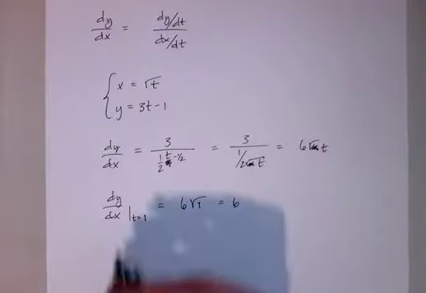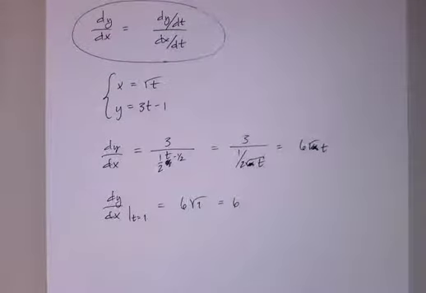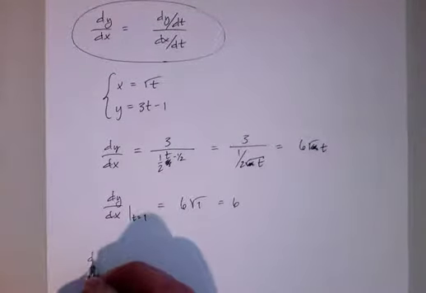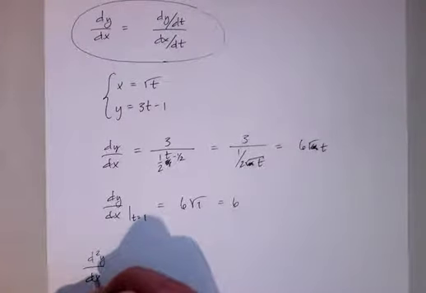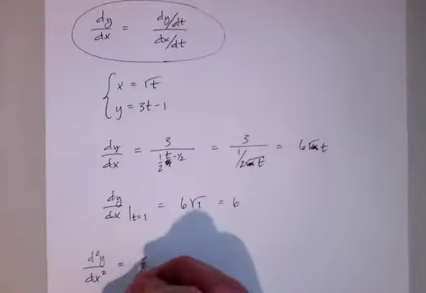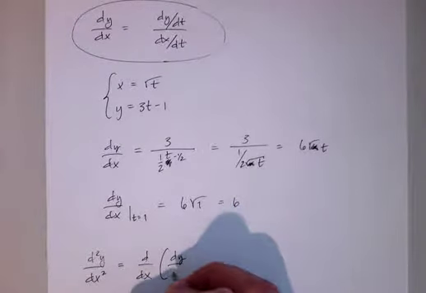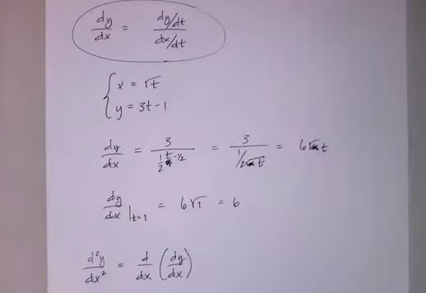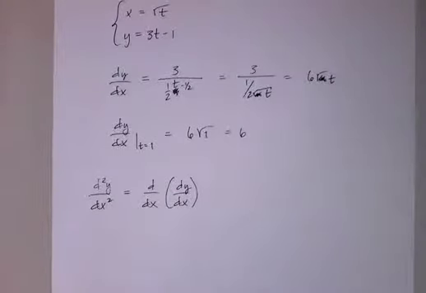That was really straightforward in terms of the first derivative, but when I'm taking the second derivative, what you're really doing is differentiating with respect to x what you already have as dy/dx. Well, here's the problem with that. dy/dx is in terms of t.